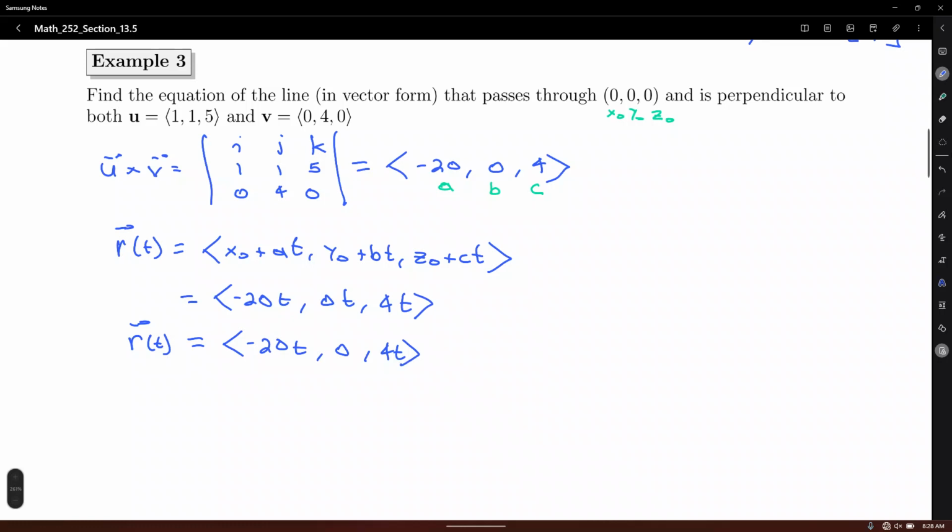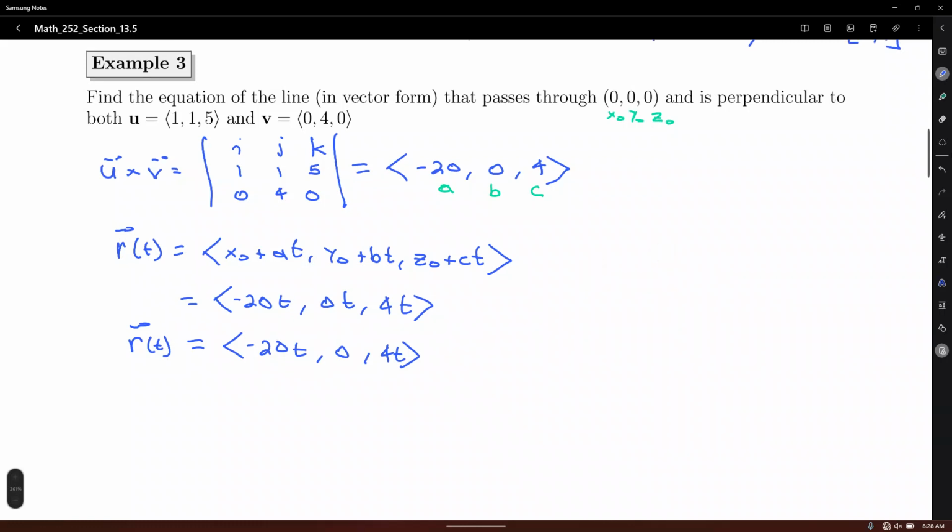And in this case, notice they're not telling us to find the segment. They're just asking us to find the equation of the line, not the segment. So no need to write any conditions unless you want to write t is for all real numbers, which is fine. So t going between negative infinity and positive infinity. That's another way to write all real numbers. But it's not necessary.